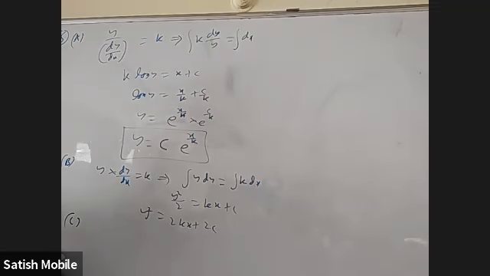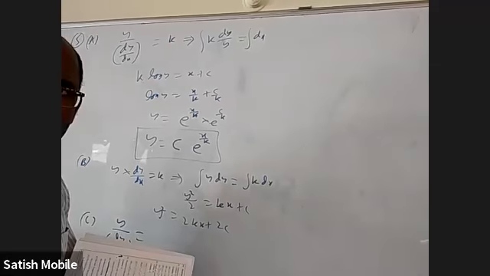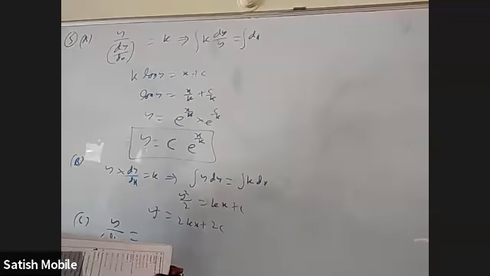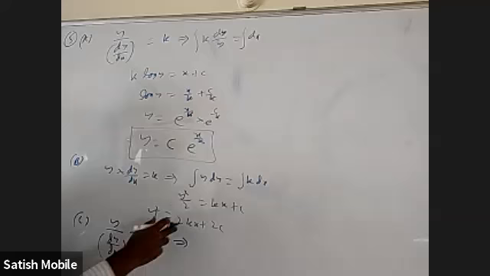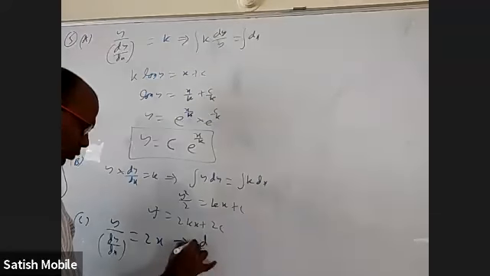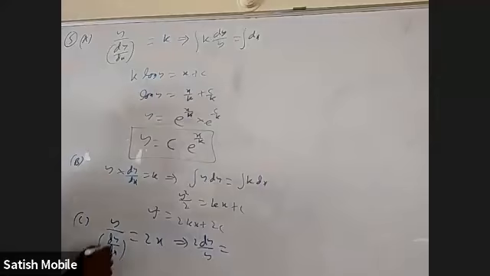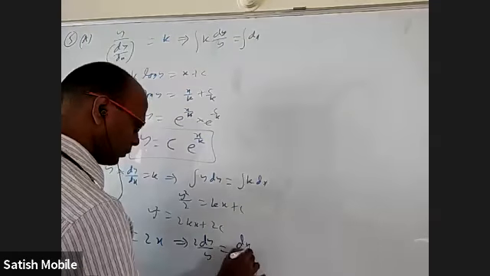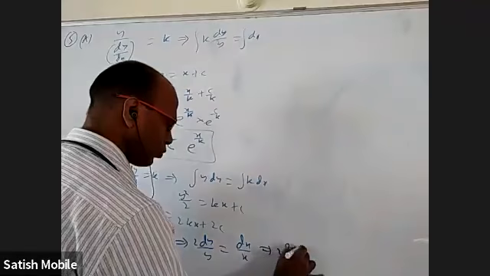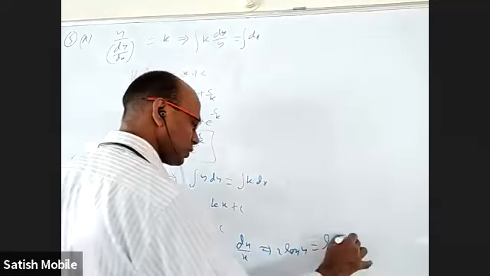Subtangent is equal to twice the abscissa. Subtangent is y by dy by dx. It is twice abscissa, means 2x. So 2 dy by y is equal to dx by x. 2 log y is equal to log x plus log c.